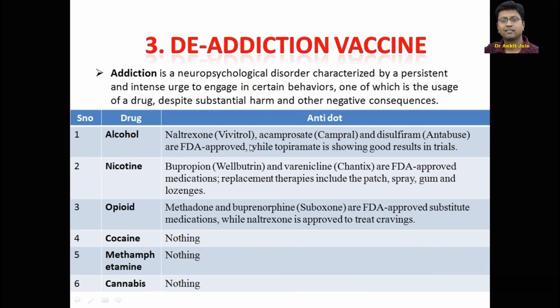These drugs are approved against alcohol, and bupropion and varenicline are approved by the FDA against nicotine, and are given with patch, spray, gums, and lozenge. Against opioids, these are methadone and buprenorphine, the FDA approved ones, and there is no vaccine, only research, against cocaine, methamphetamine, and cannabis.